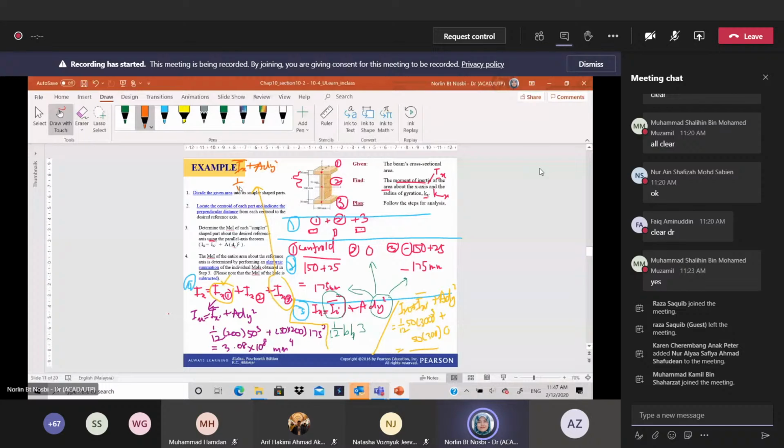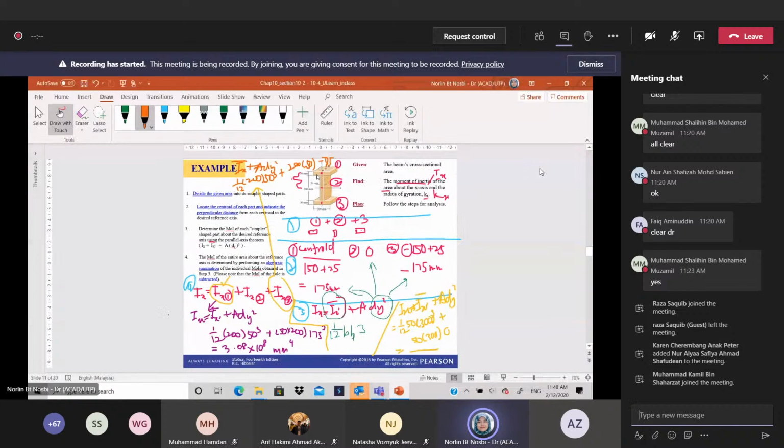The b is 200 and the h is 50. Don't forget 50 to the power of 3. Then plus the area. Area 200 times 50. And then the dy. The dy is at the bottom, so it would be minus 75.